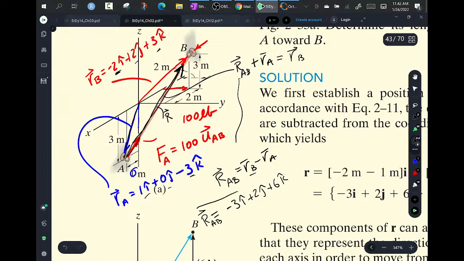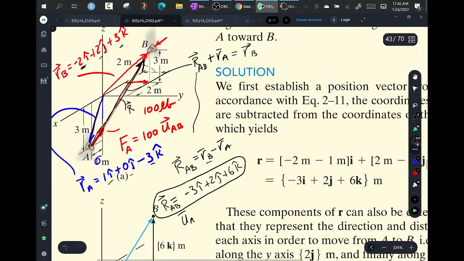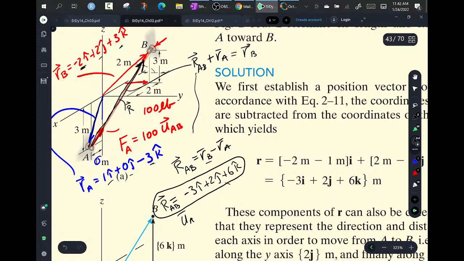Now that I have that, guess what I can do? I can find the unit vector. Let's see if we've successfully done that. If you look at this vector he's drawn right here, he's called it capital A, and it's the same thing that we have here: minus 3i plus 2j plus 6k.